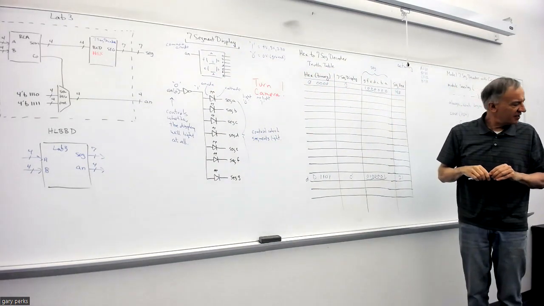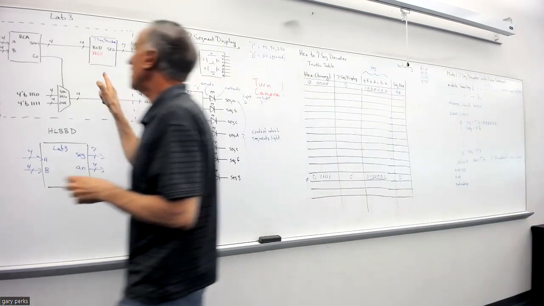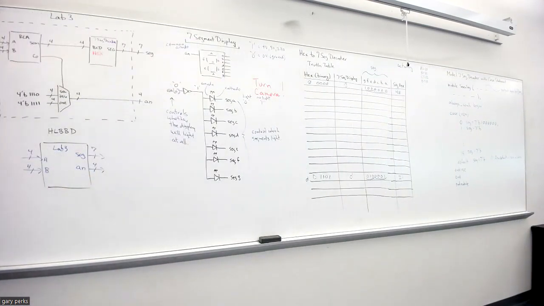Okay, so we've got 3 more things. Probably the next thing to talk about is how this circuit is working. All right, well, you all know how the RCA works, right? RCA is just adding these two 4-bit binary numbers. When will the carry out equal a 1? What would the result have to be of our addition for carry out to equal a 1?